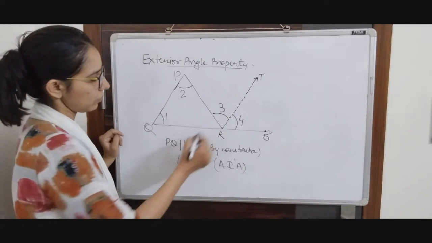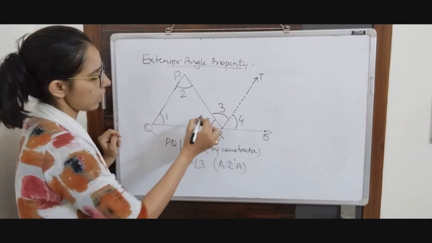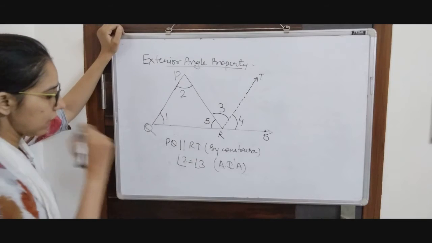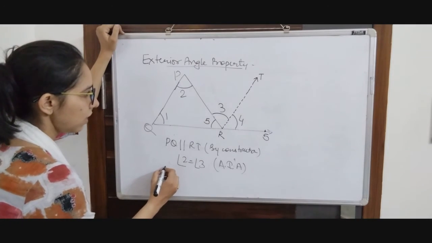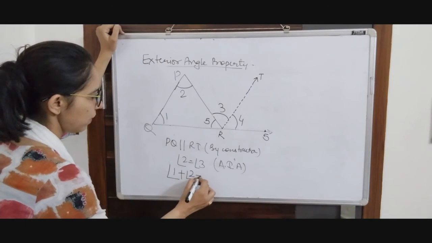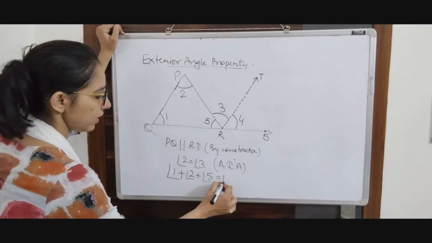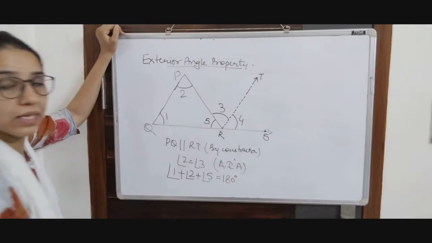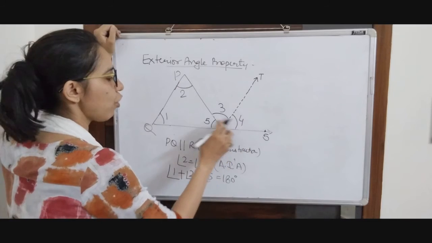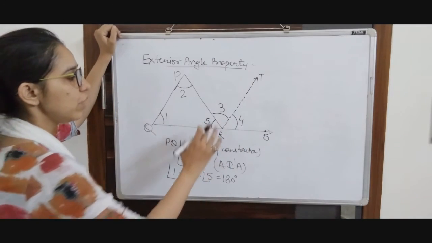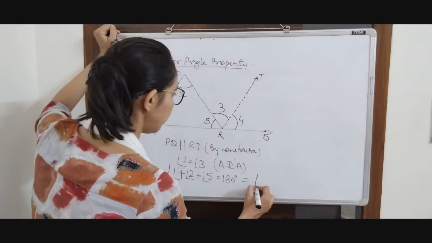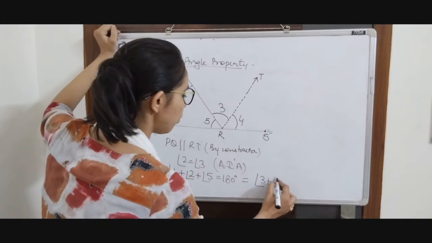Now, suppose this angle is angle number 5. Angle 1 plus 2 plus 5 is going to be 180 because the sum of angles of a triangle is 180, and also angle 3 plus 4 plus 5 is going to be 180 because they are adjacent and supplementary.